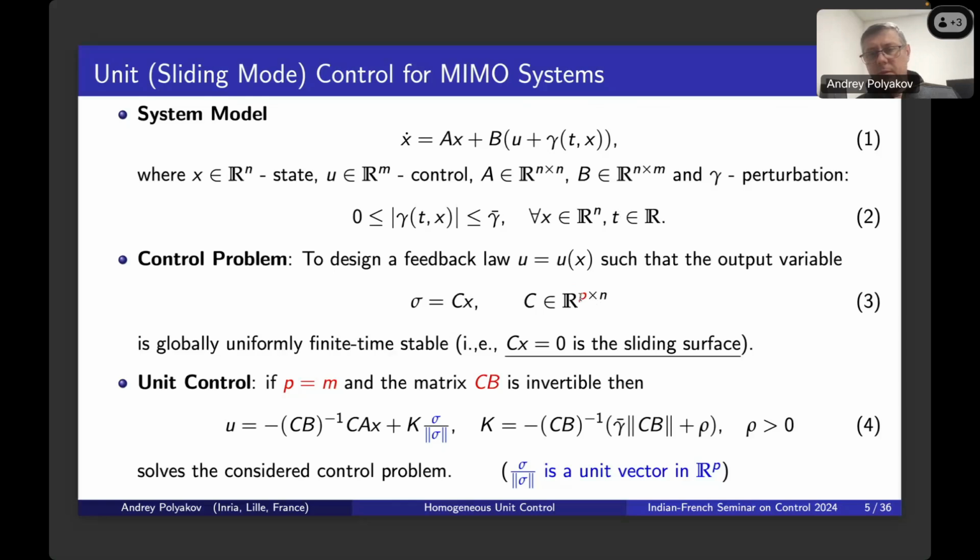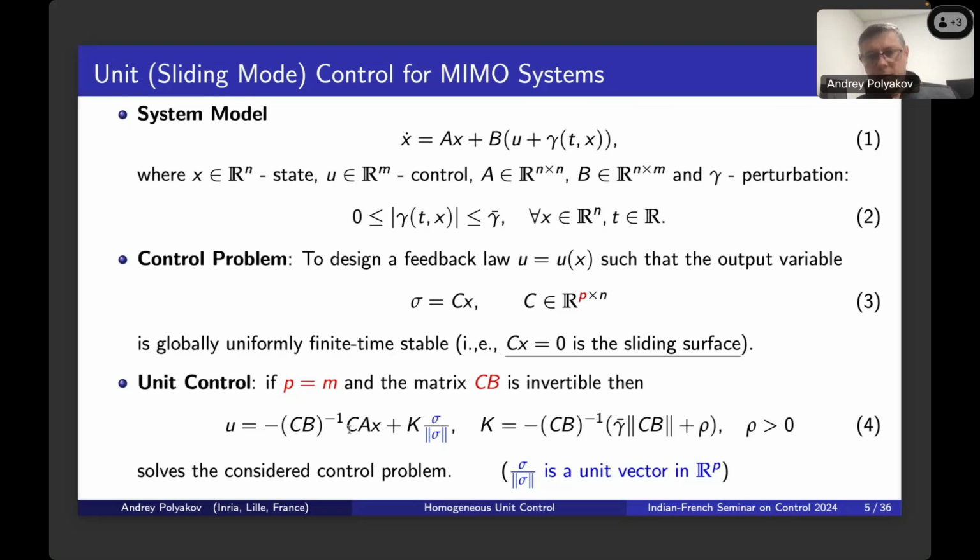This parameter p, the number of equations which define the sliding surface, must be less or equal to the number of inputs. In fact, for the design it is usually necessary to be equal, because next, for the design, we usually assume that the matrix CB is invertible. If this matrix CB is invertible, then the control is traditionally designed in the following way. This formula is just a straightforward consequence of the unit control proposed by Gutman and Leitmann.